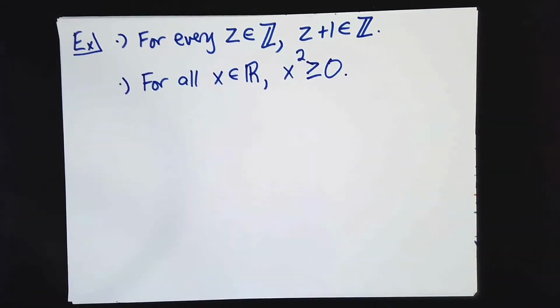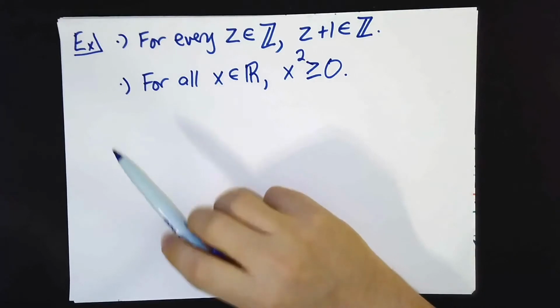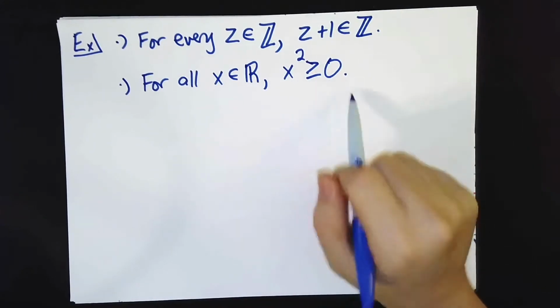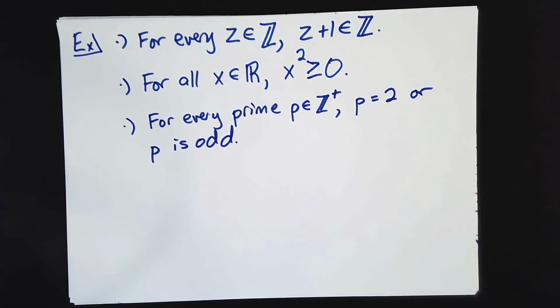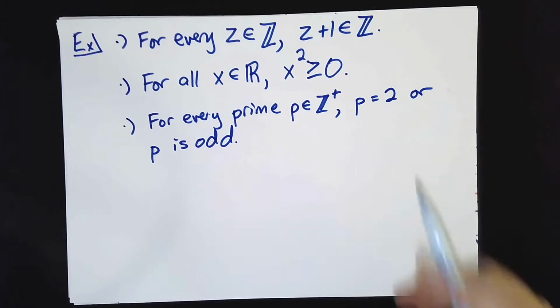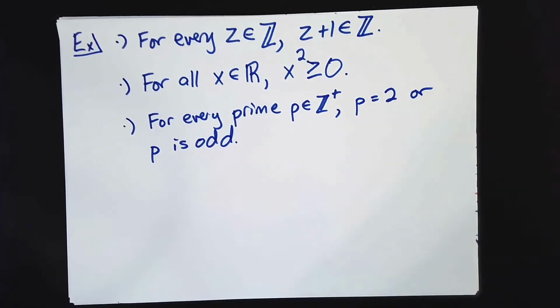Here's another variation. For all x in the reals, x squared is greater than or equal to 0. This is a fact that you end up using all the time in calculus examples of various sorts. Here's another true statement. For every prime p in the positive integers, either p is 2 or p is odd.